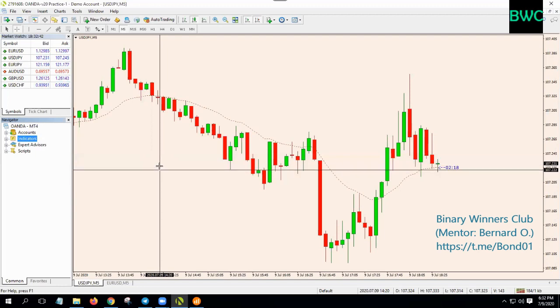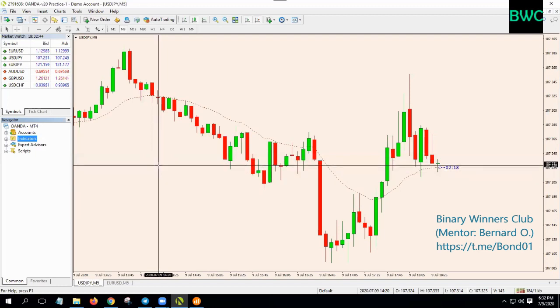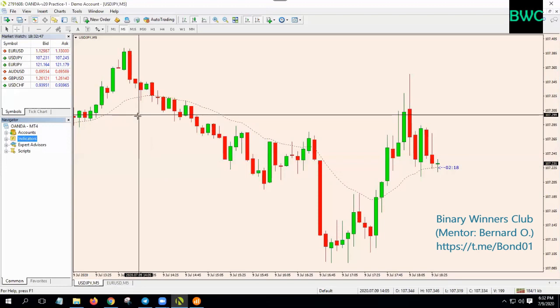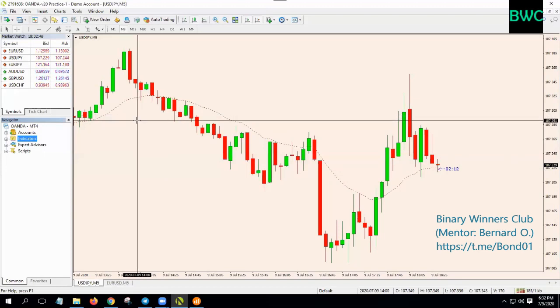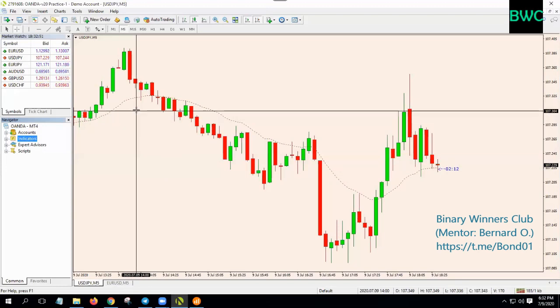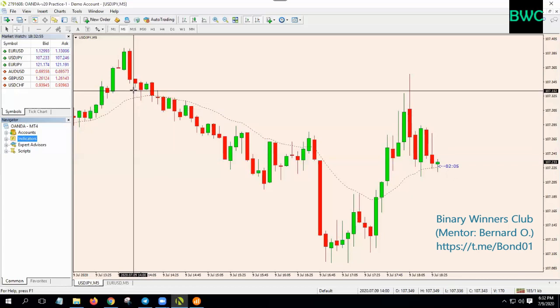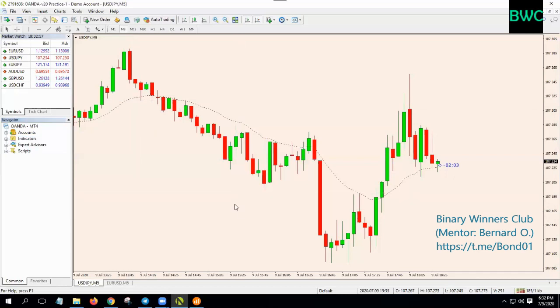If it breaks in a downtrend, it's above the zone. And then patiently wait for the market to come to the lower or the upper zone, depending on the trend. Exactly. And then the trend to end on the time frame of the candle.